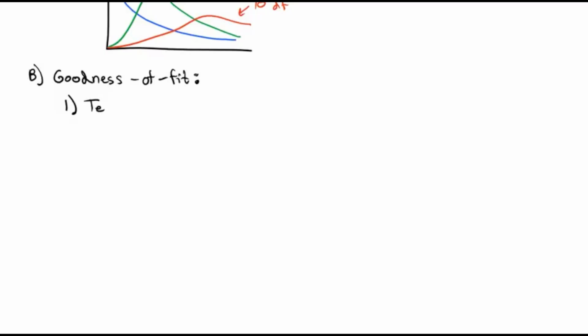The test statistic we will use is chi-squared is equal to the sum of the observed frequency minus the expected frequency squared divided by the expected frequency. So we've got some new variables.